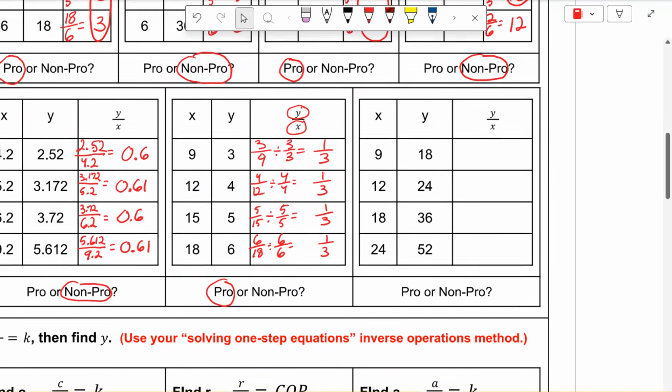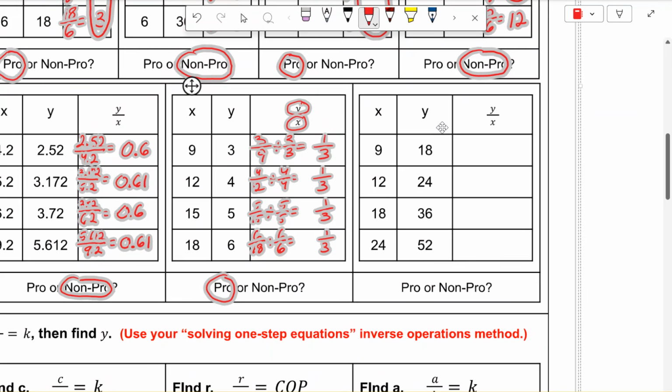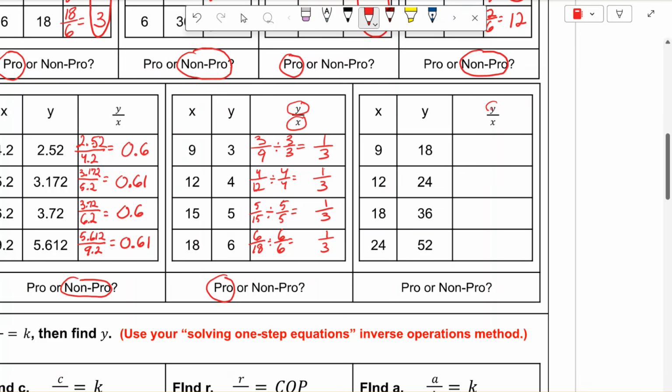And our last practice one together, 18, or y's always go on top. 18 on top divided by 9 is 2. Nice and simple. And we're going to go down to 24 divided by 12 is 2. 36 divided by 18 is 2, and 52 divided by 24 on my calculator is almost 2.